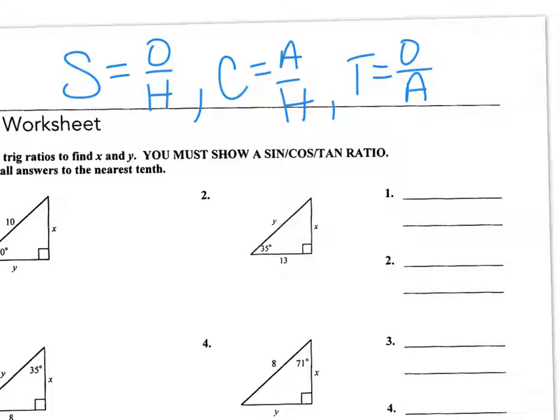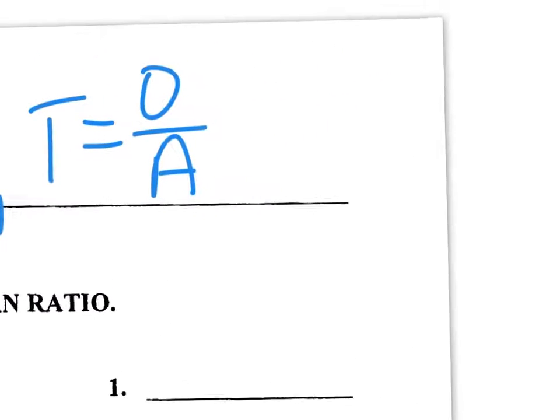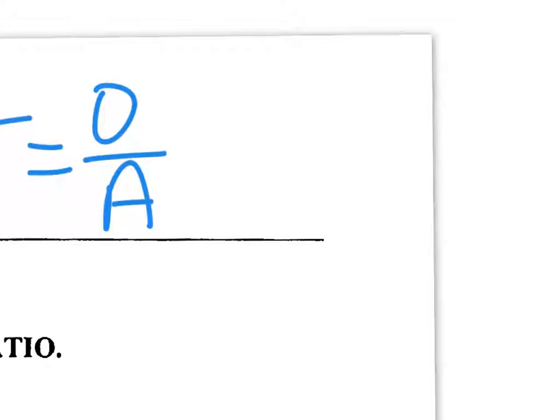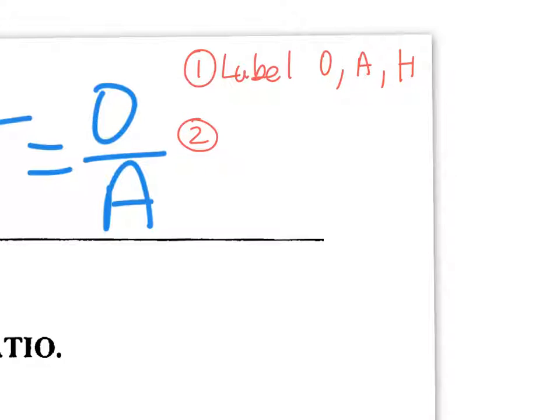Okay, all right, second part is a reminder that we talked about basic concepts in terms of solving. Number one, we said to always label your sides as opposite, adjacent, and hypotenuse. And then that helps with step two. You have to decide whether you're going to use sine, cosine, or tangent.